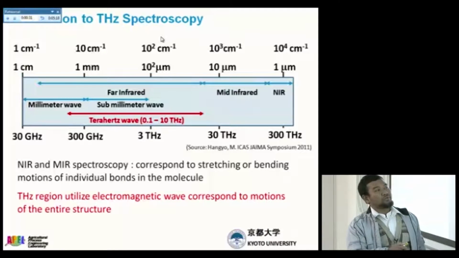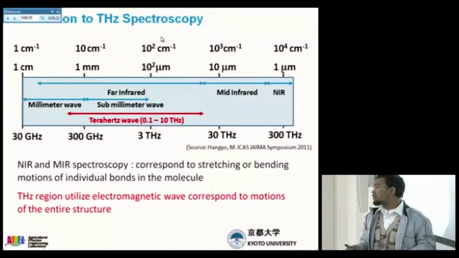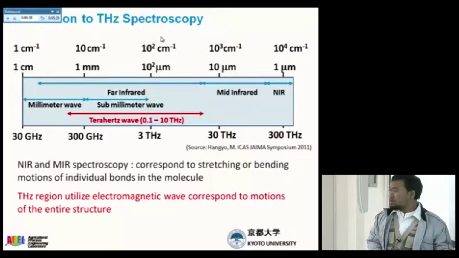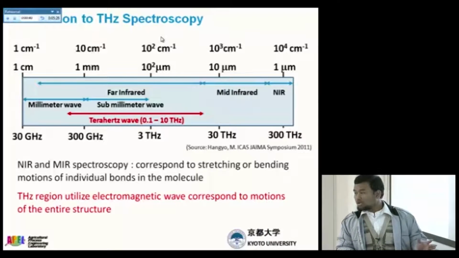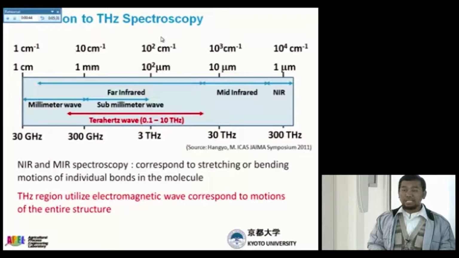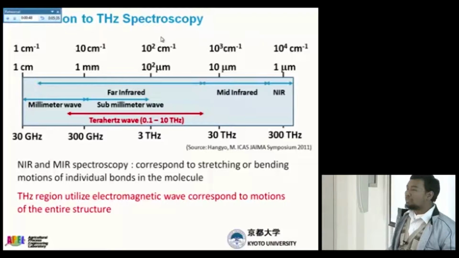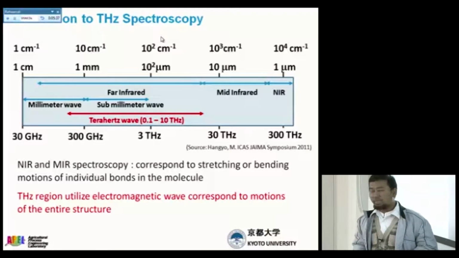Like microwave, for example, terahertz wave can penetrate into many kinds of substances, like cloth, paper, wood, and so on. And like infrared, terahertz wave can easily be propagated through space, reflected, and so on, using terahertz optical devices.